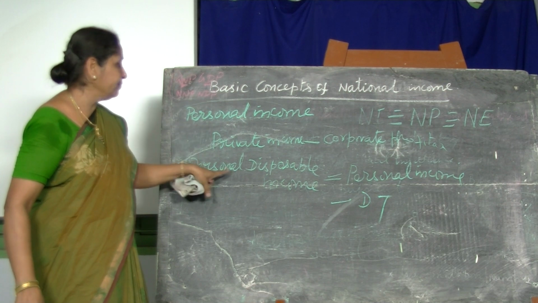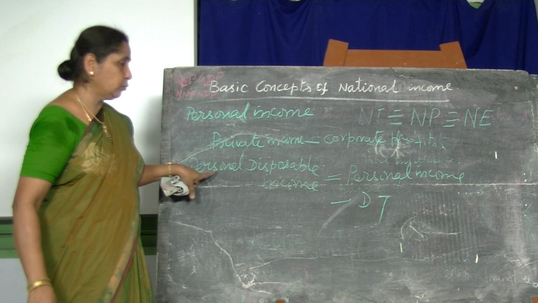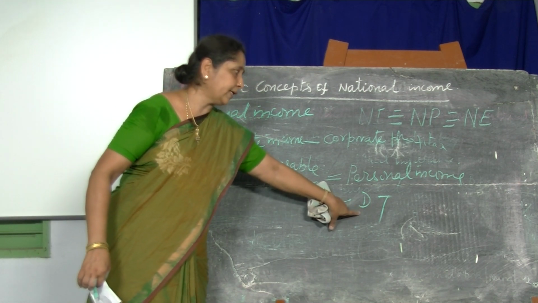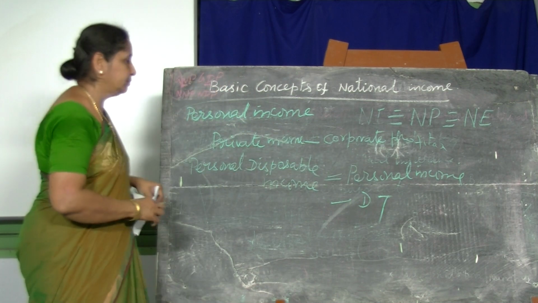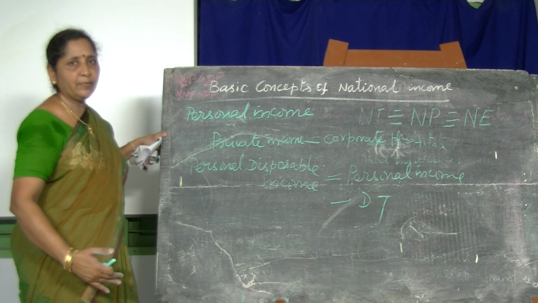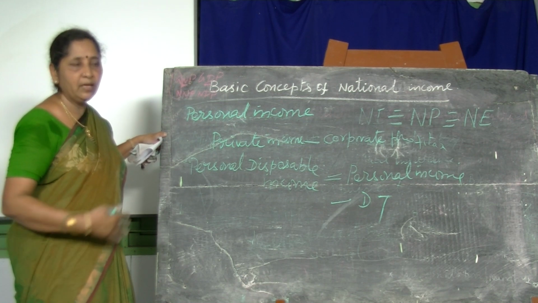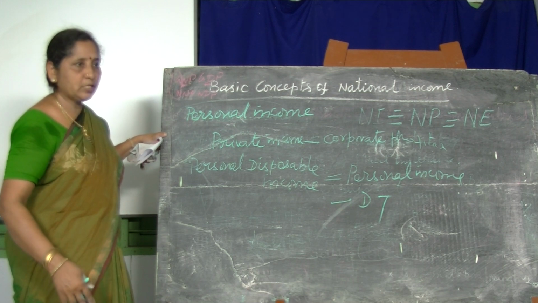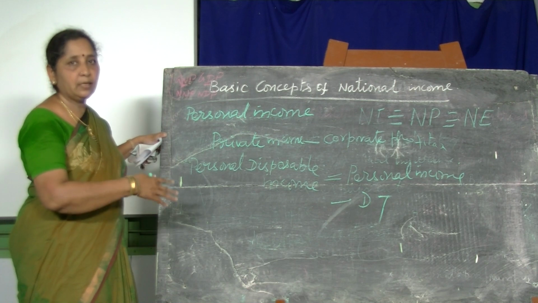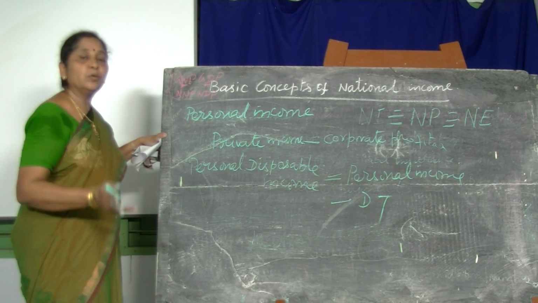In order to get personal disposable income, we subtract direct taxes from personal income. We are continuously coming from GDP, GNP, NDP, NNP, then national product, domestic product, market price, factor cost, and then the concepts of private income and personal disposable income. So there are relations.